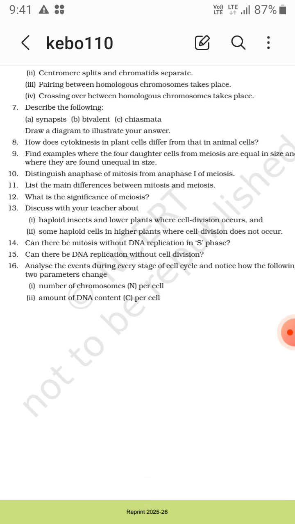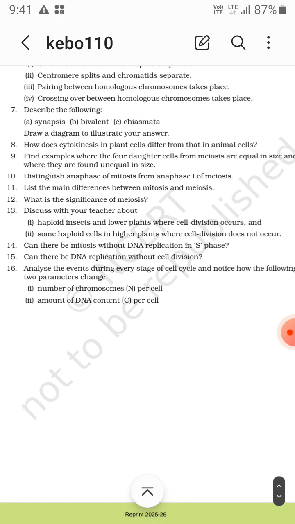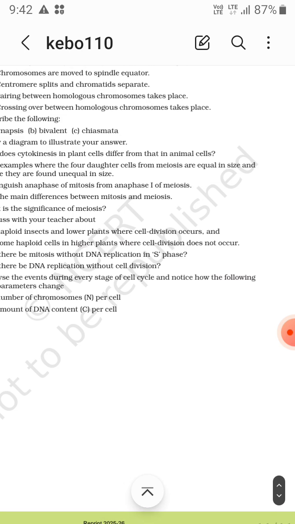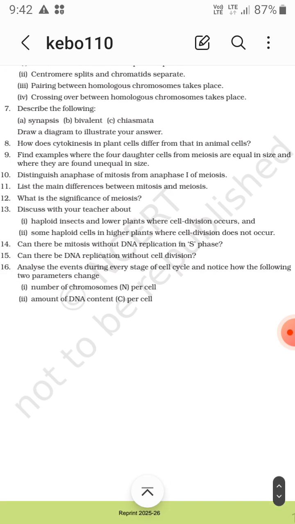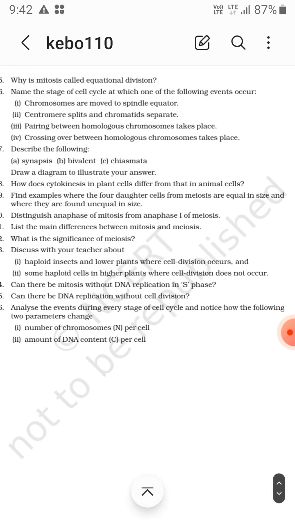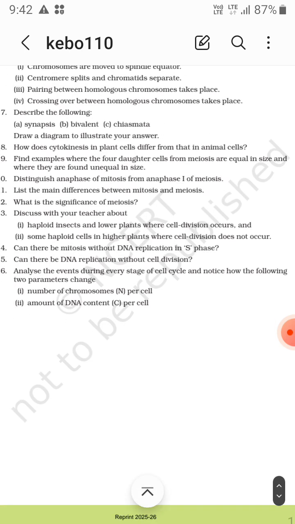Analyze the events during every stage of cell cycle and notice how the following two parameters change: number of chromosomes per cell and amount of DNA content per cell. So in S phase it is doubled.